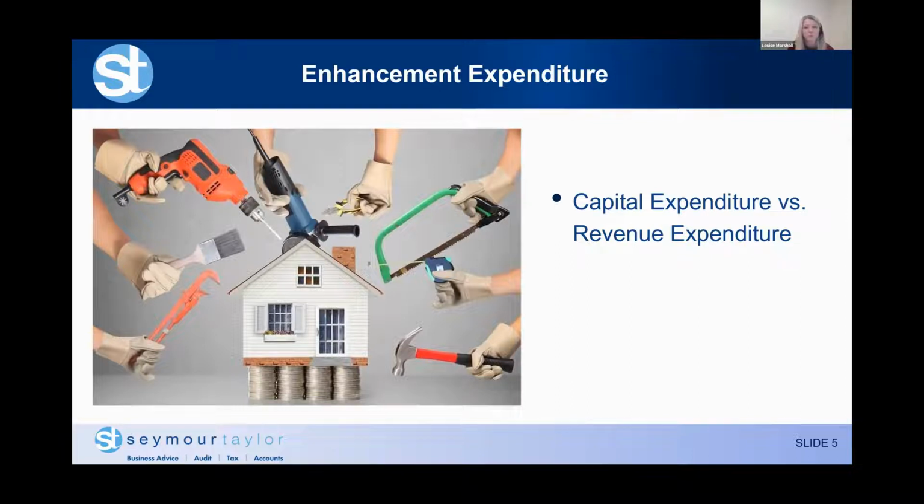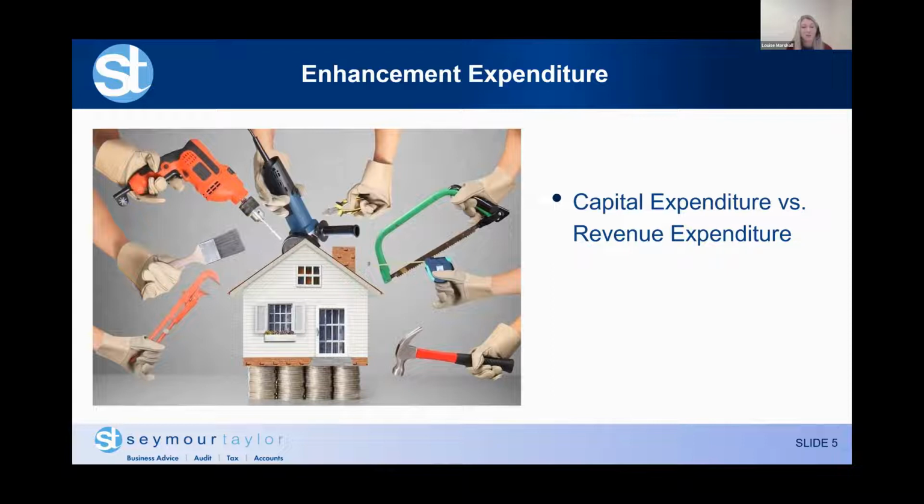Capital expenditure is an improvement in terms of capital gains tax. So it means adding something to the property that wasn't previously there. So, for example, this could be a garage, it could be an extension, it could be a swimming pool. Looking at the other extreme, revenue expenditure, examples of this could be things like repairing a broken window, replacing fence panels due to a storm, redecoration of the property.